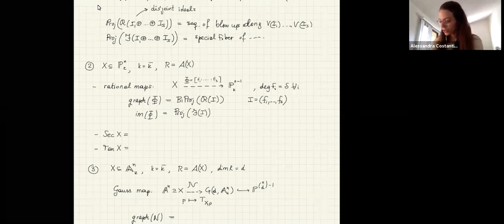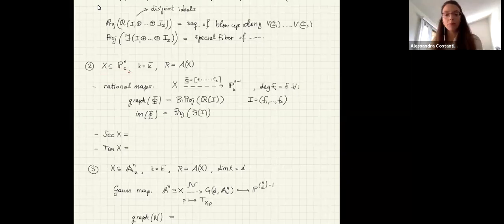And the other constructions that we can do in this case, that don't come from blow-up, don't come as images of rational maps, are the secant variety and the tangent variety.